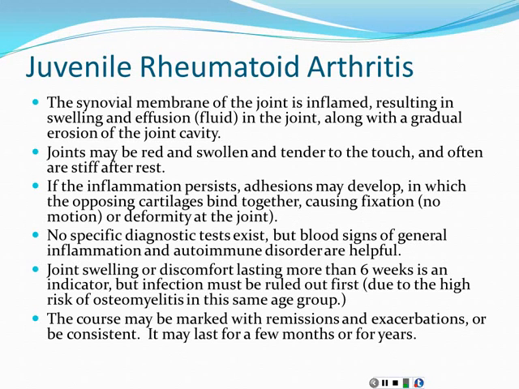So you can imagine that telling the difference between JRA and an infection of that joint can really be a challenge, which is why we look at the different blood tests as well as doing imaging studies, just so we can be sure that it's not an osteomyelitis but is actually JRA.